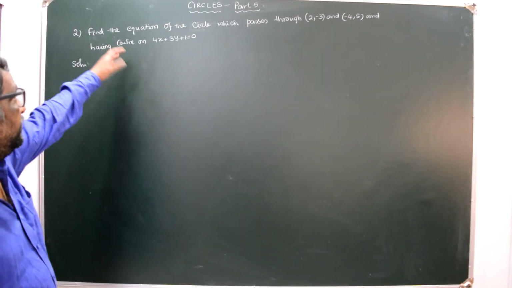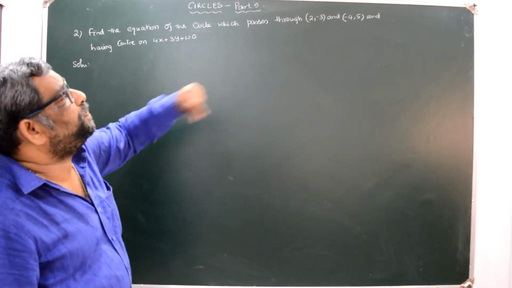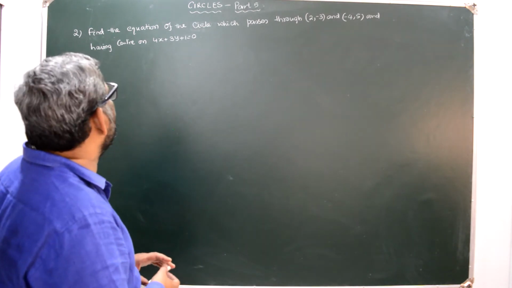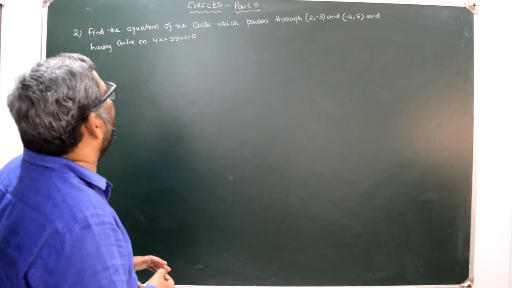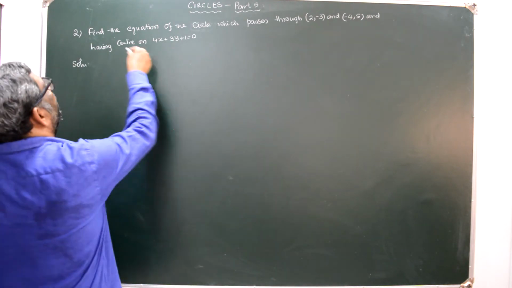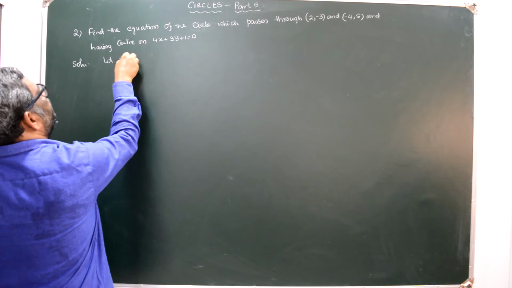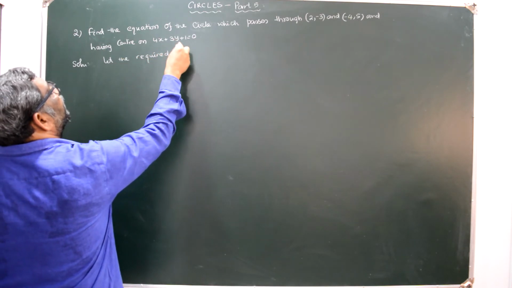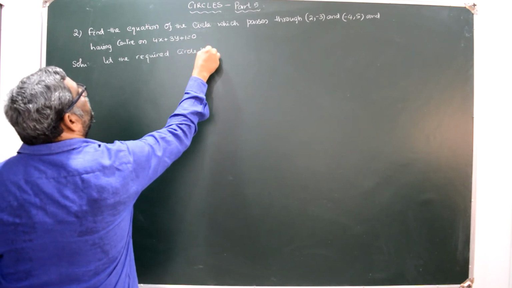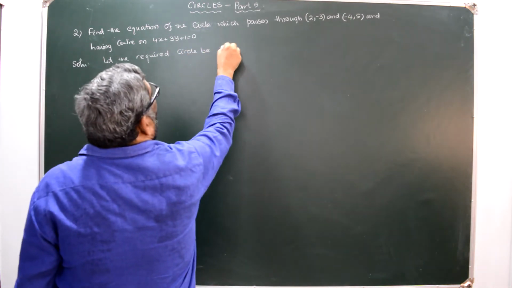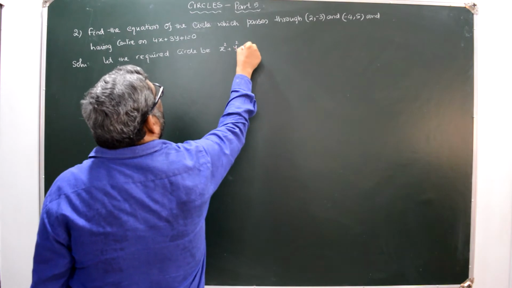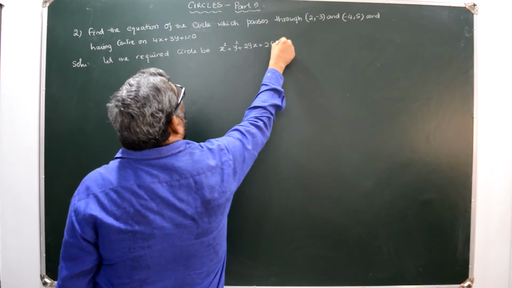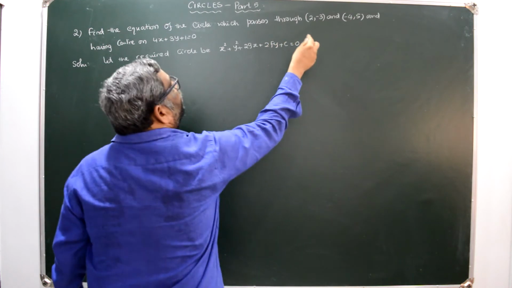The next question is, find the equation of the circle which passes through (2, -3) and (-4, 5) and having center on 4x plus 3y plus 1 equal to 0. Let the required circle be x square plus y square plus 2gx plus 2fy plus c is equal to 0.